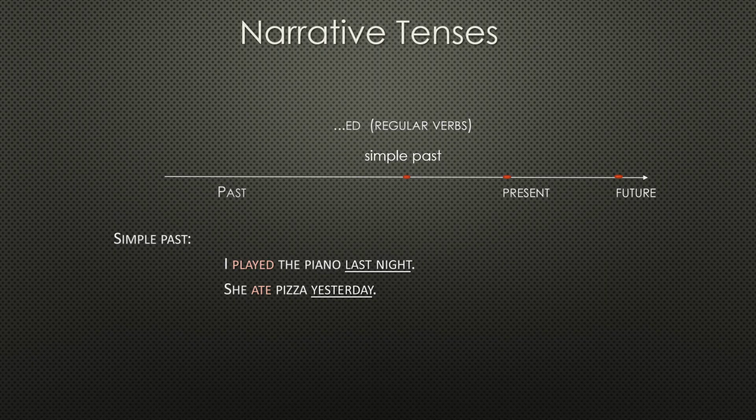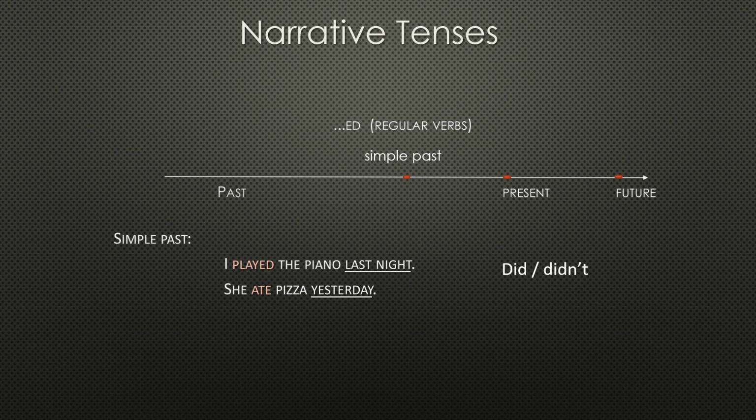Now, if you want to make it negative or a question, we use did or didn't. Did for making a question shows up at the beginning of the sentence, and didn't to make it negative. For example, did she eat pizza yesterday is the question form of the second sentence.